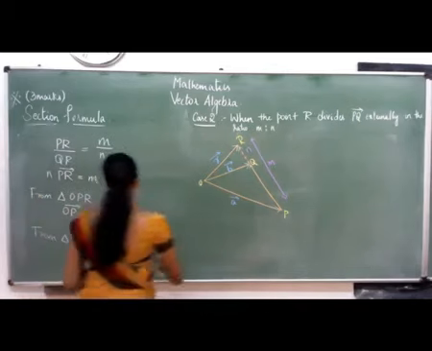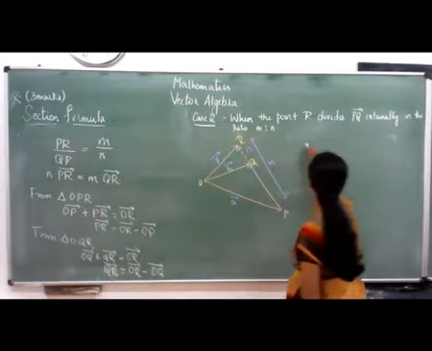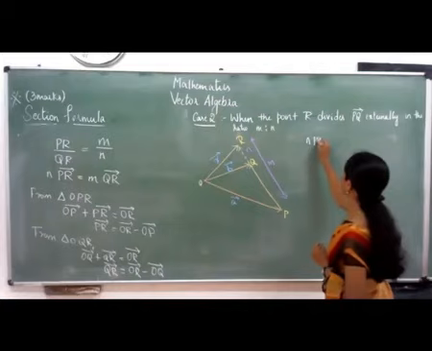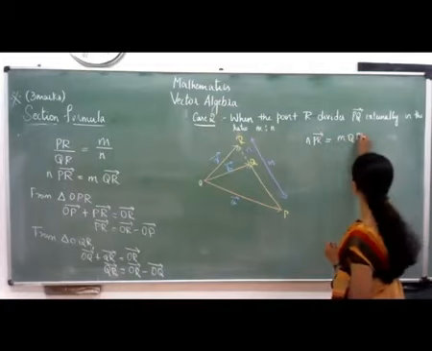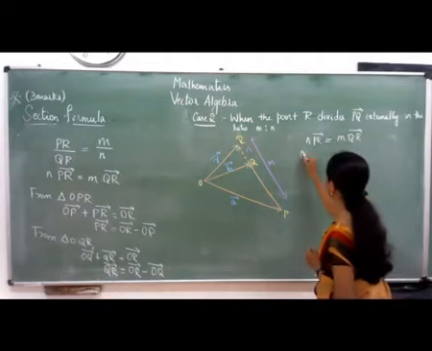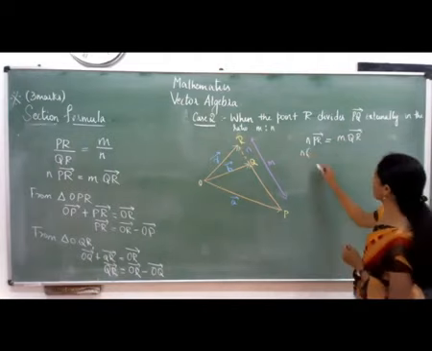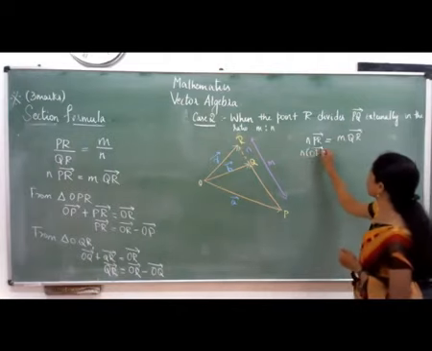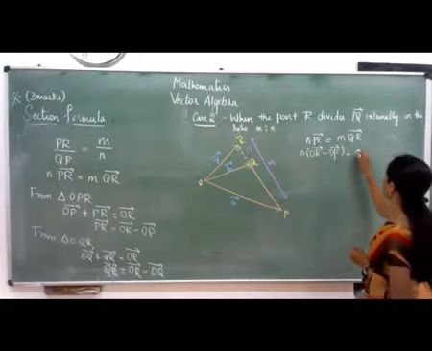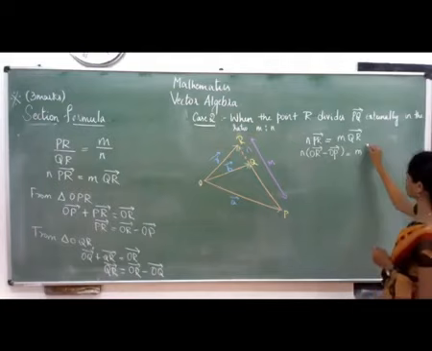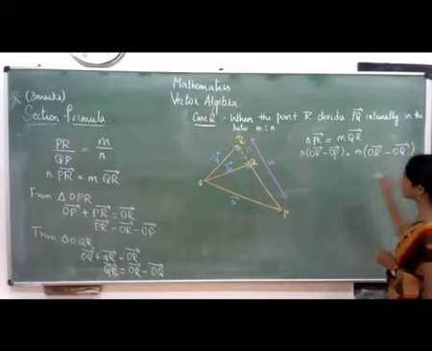Therefore, now this n into vector PR, which is equal to m into vector QR, can be written as n into vector OR minus vector OP, which is equal to m into vector OR minus vector OQ.